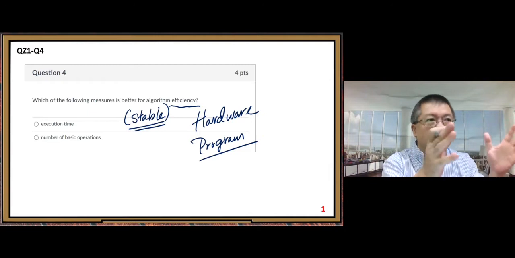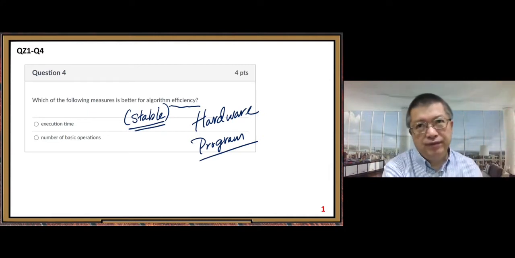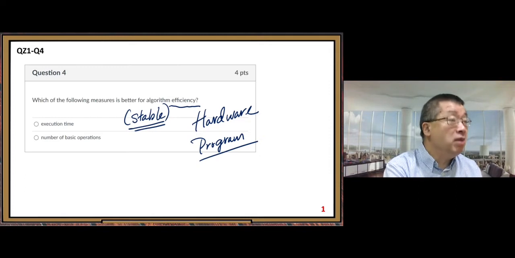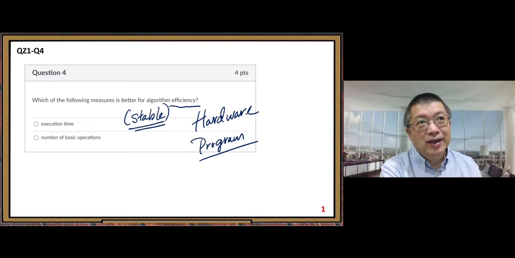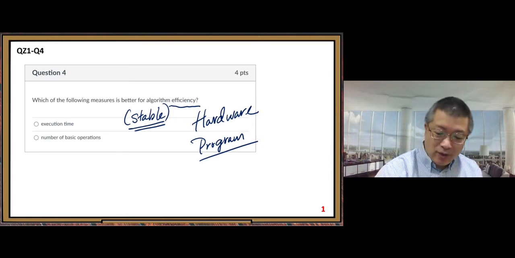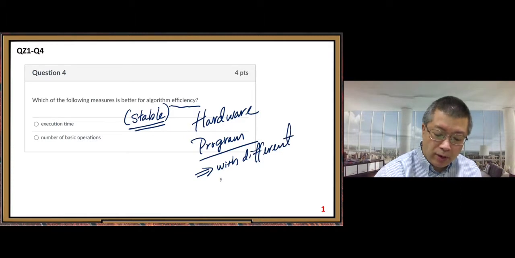Even given the algorithm, different programmers may implement the same algorithm differently, right? So programmers with different implementations.